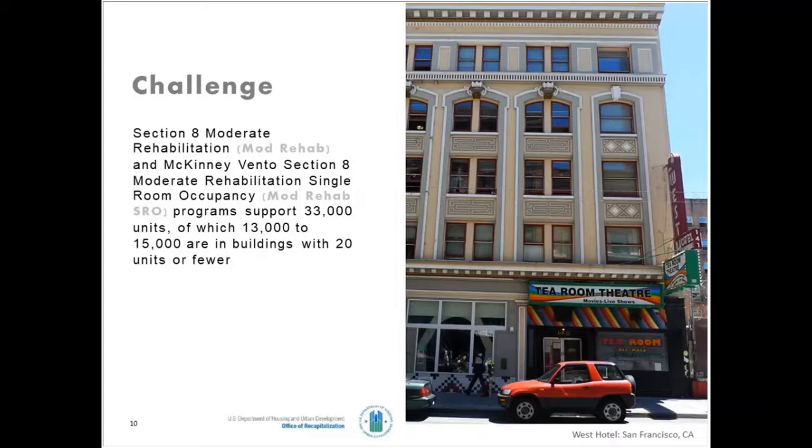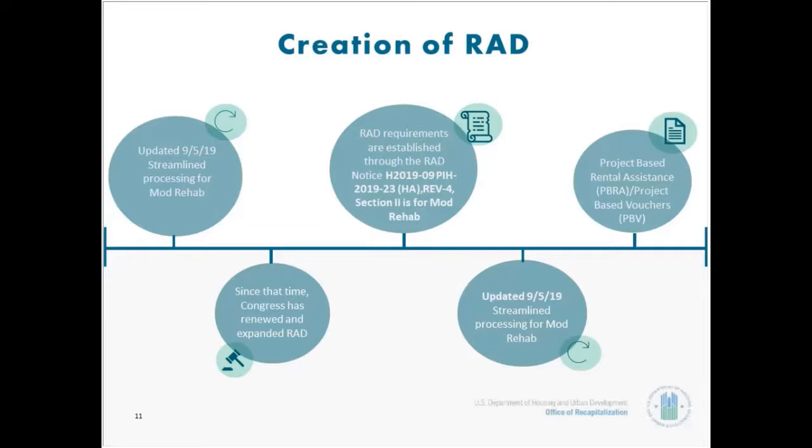And so, thinking through how we can make the RAD conversion a little bit easier for folks is what we did when we issued the RAD notice, which was done on September 5th of 2019. I thought we should put some information in there about how we can make this easier. And you can find a couple sections in there about the policy of 20 units or less.